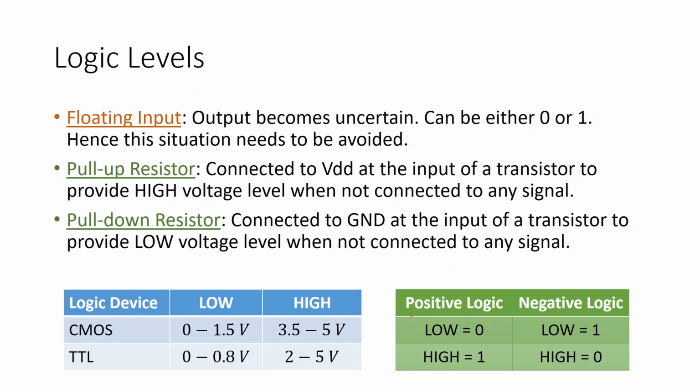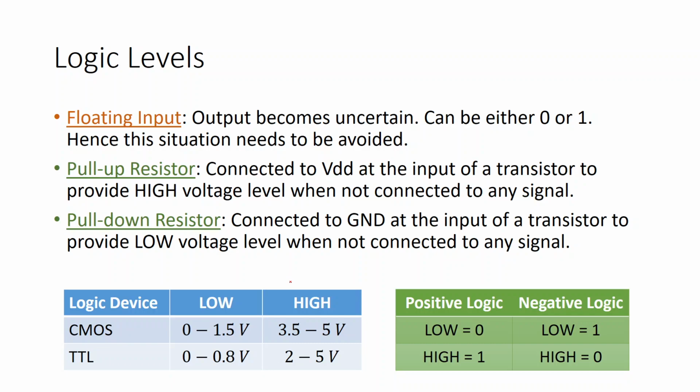Now there are some other problems associated with transistors. We know that if you keep a transistor without any specific voltage connected at its gate, then it is called the floating input problem.